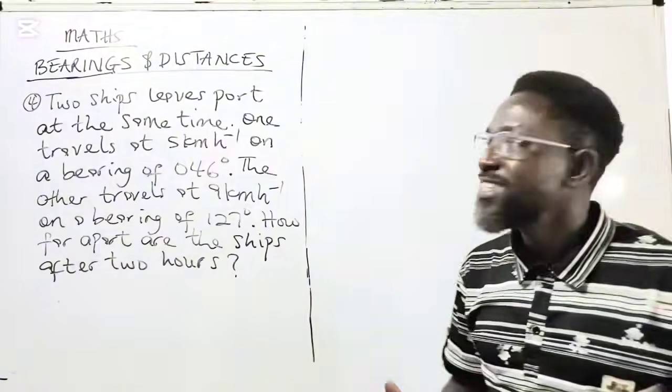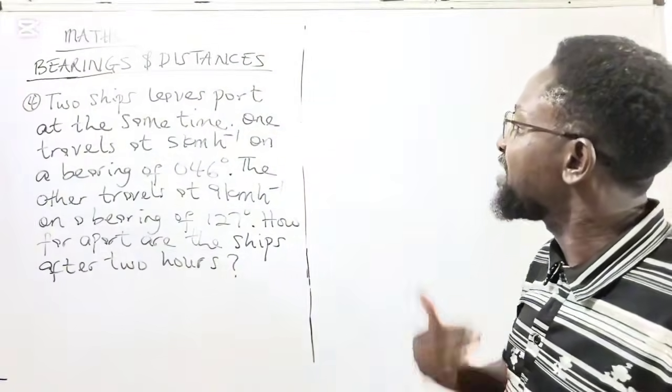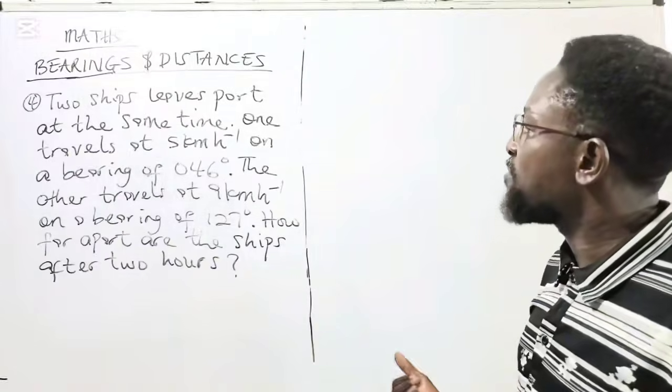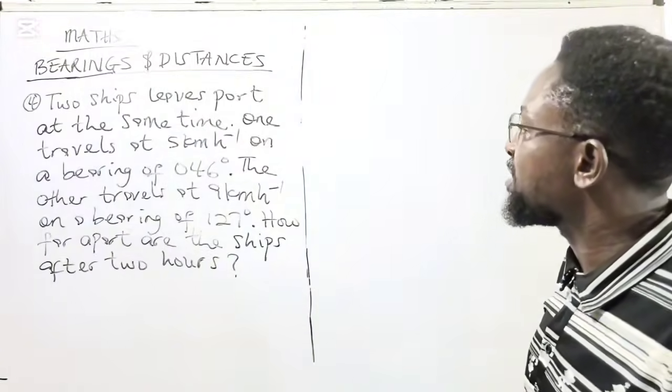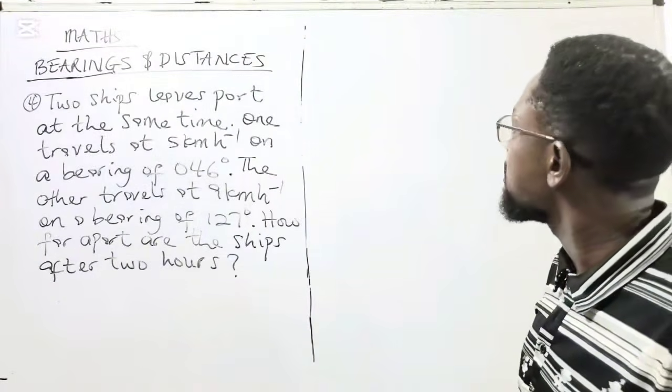So now, 2 ships leave port at the same time. One travels at 5 kilometers per hour on a bearing of 046.